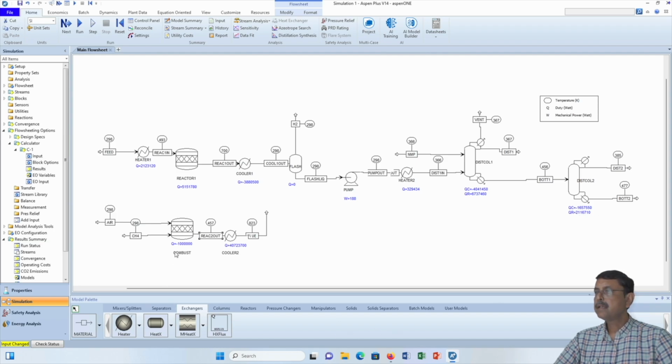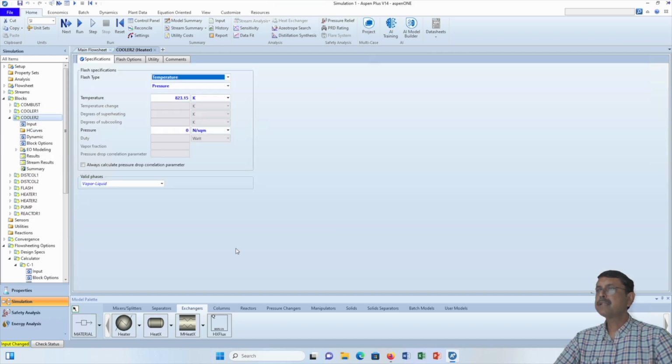On the other hand, here we are taking out 1 megawatt from here, still 40 megawatt heat is over here. Okay. And the temperature is up to 823. Okay. We are specifying the temperature at, okay, it is not degree centigrade, it is in Kelvin.